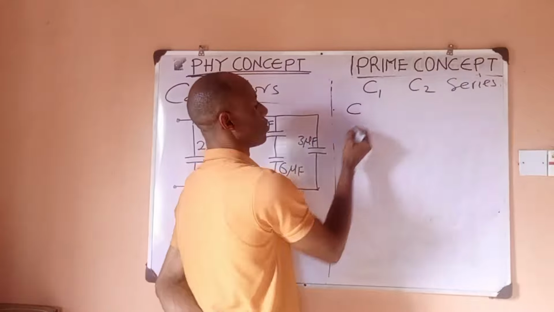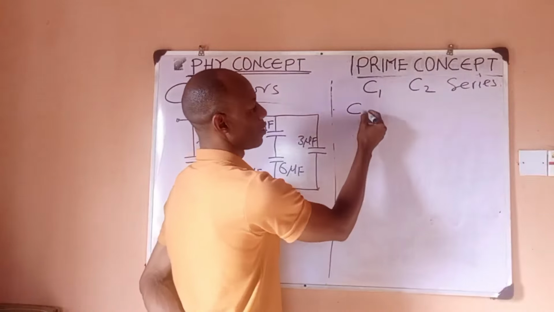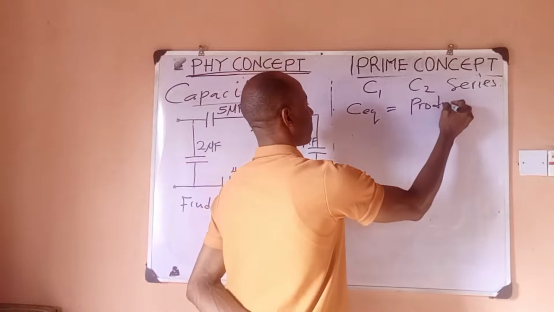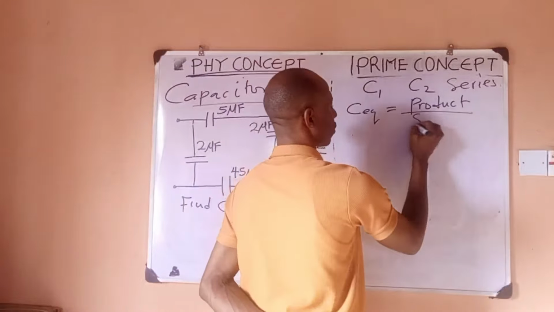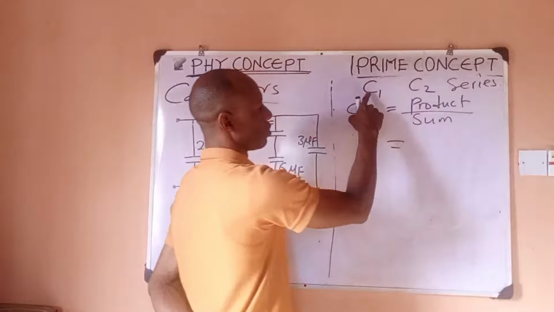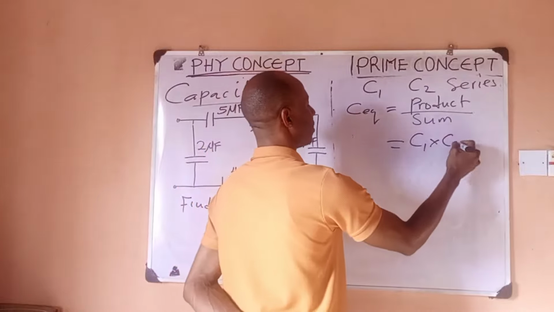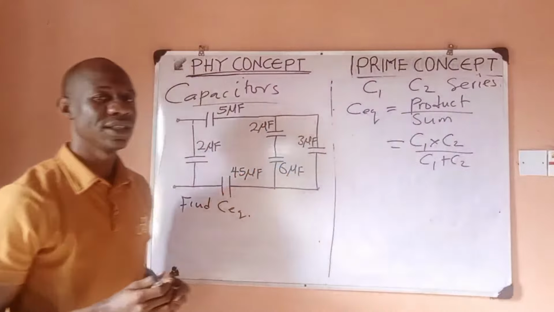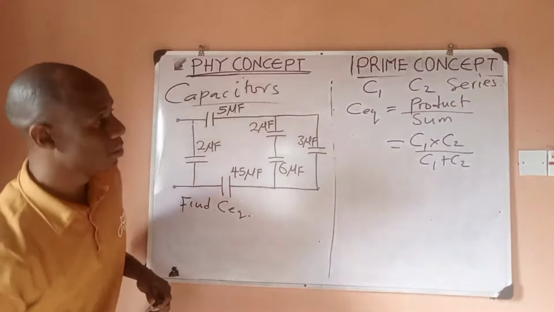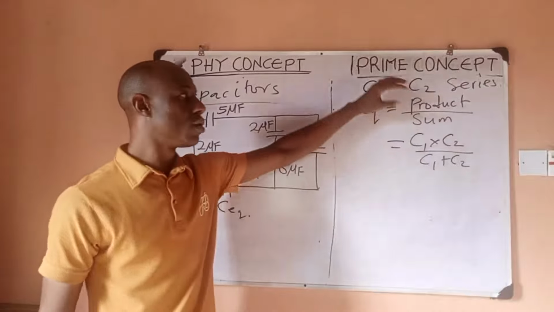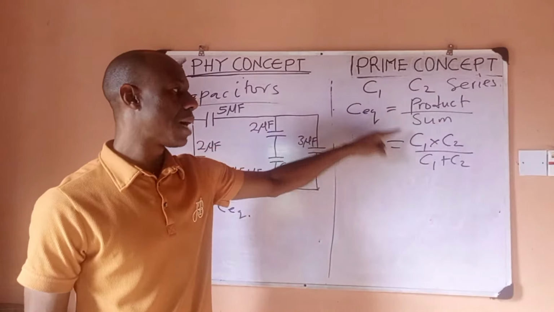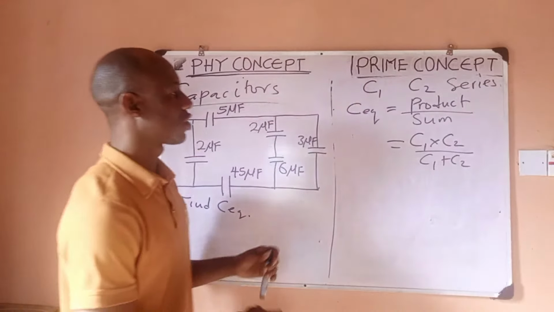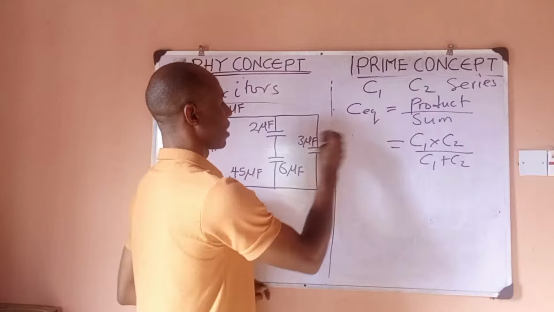Then you don't have to go a long way. You just do the equivalent is their product over their sum. What do I mean? You just say C1 times C2 over C1 plus C2. That is how you get it. So this is a very fast way of solving problems in exam. So if you have only 2 in series, you do their product over their sum. So take note of this. You can screenshot it as well. Let me rub it so that we can solve this problem.